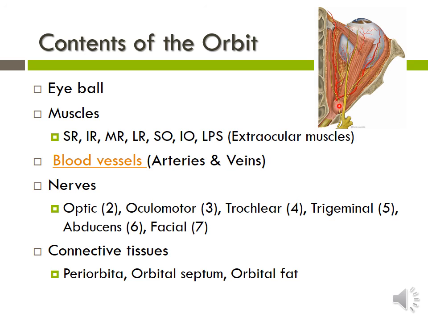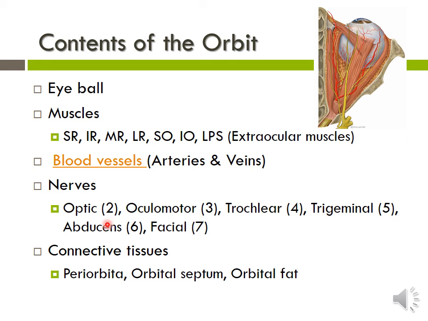Do you remember the superior orbital fissure and inferior orbital fissure through which the nerves and blood vessels come into or go outside the orbit? Of course. We'll discuss these nerves slightly more in detail when we discuss the cranial nerves.